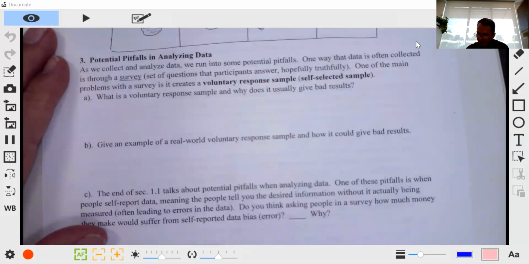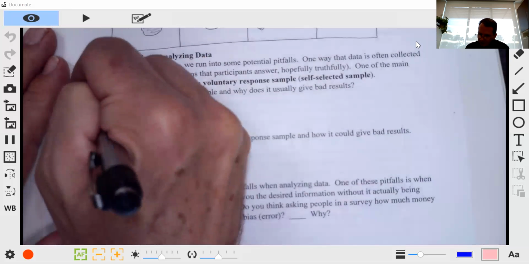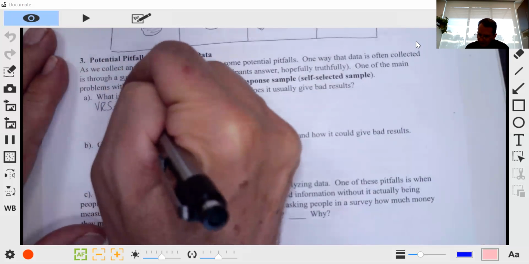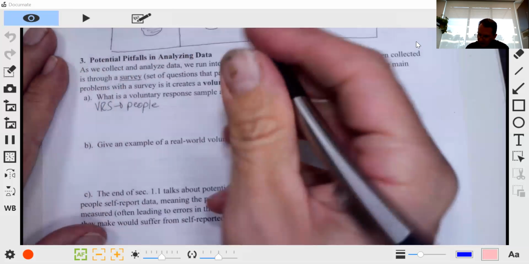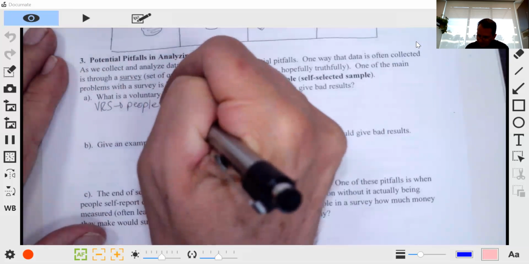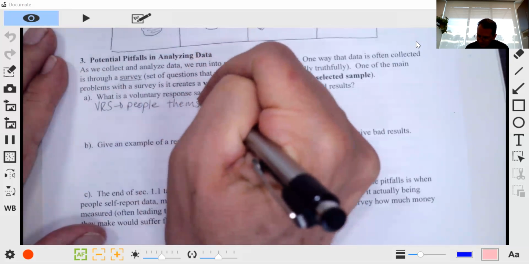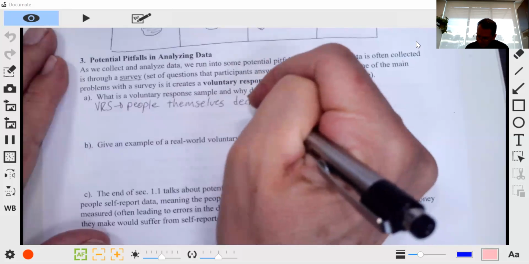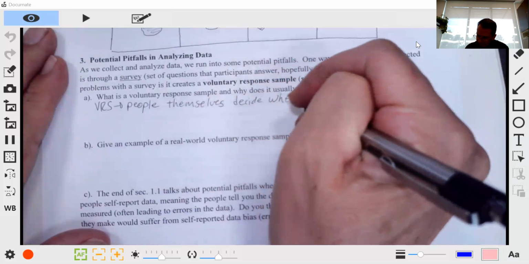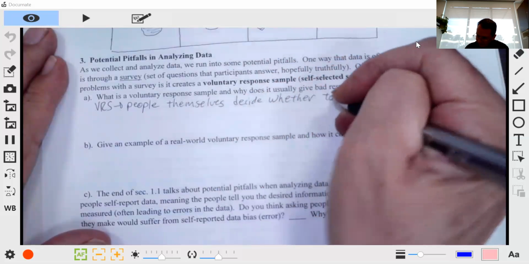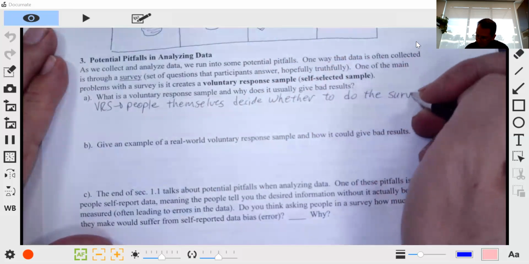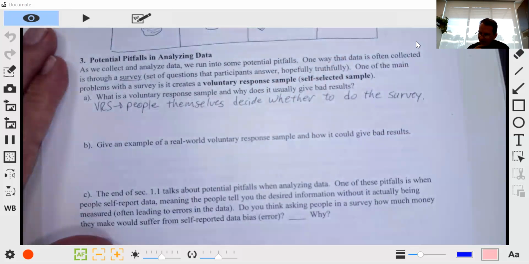Okay. Hopefully you found out that a voluntary response sample is when people themselves decide whether to be included in the survey. And why does it often give bad results?